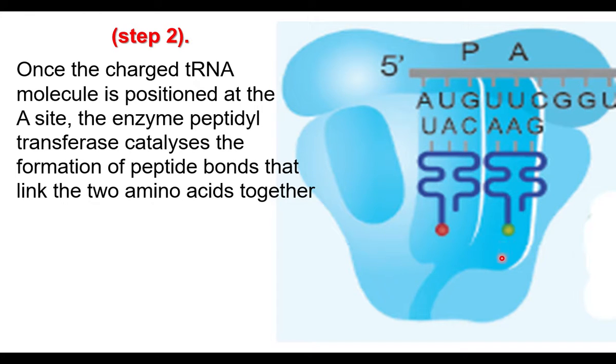Already we have learned in previous part under the heading amino acylation, when two charged tRNAs carrying two amino acids are brought together, peptide bond formation will be facilitated by peptidyl transferase. A peptide bond is formed between the first and second amino acids.